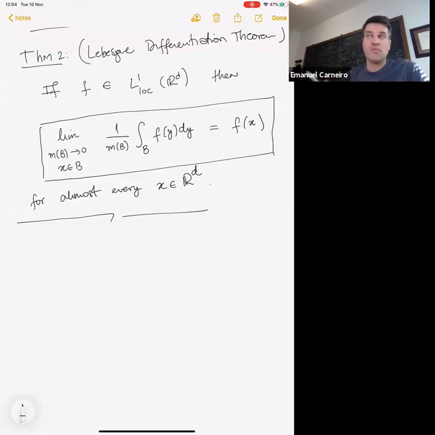Not for all, but for almost all. Okay, this is very important. You cannot get the convergence back everywhere. You can just get the convergence back almost everywhere.